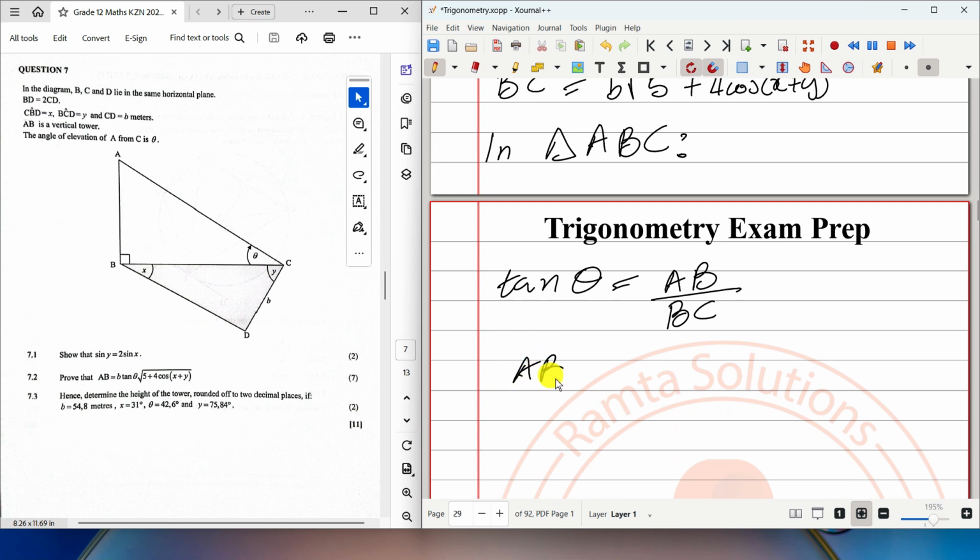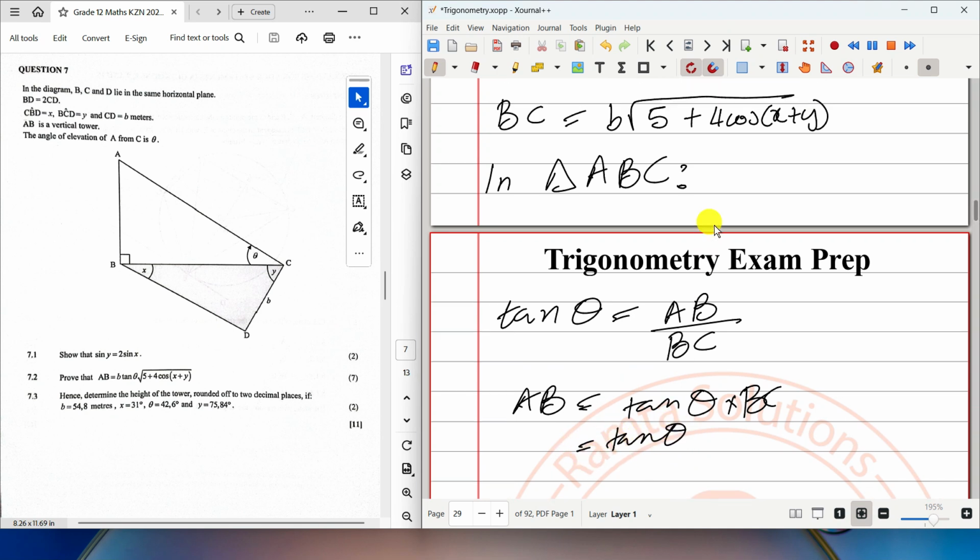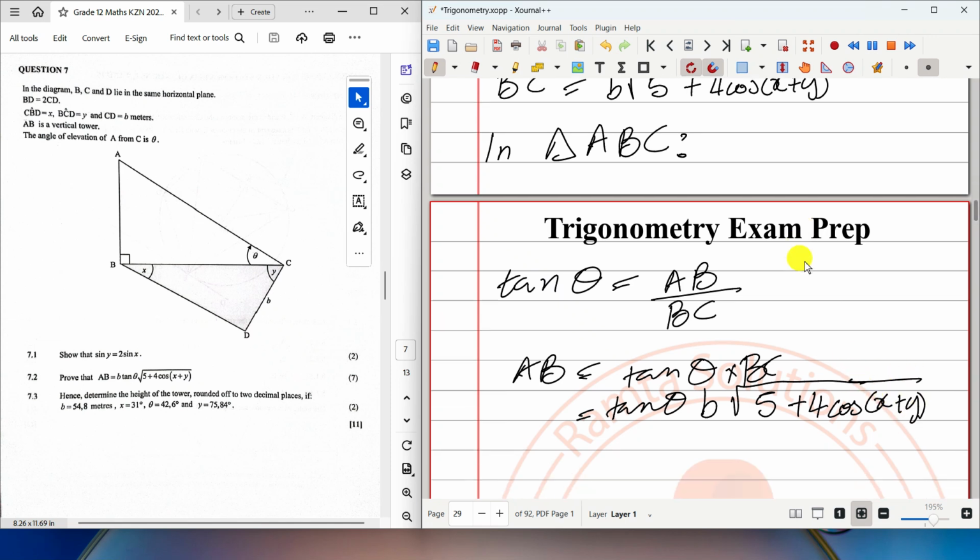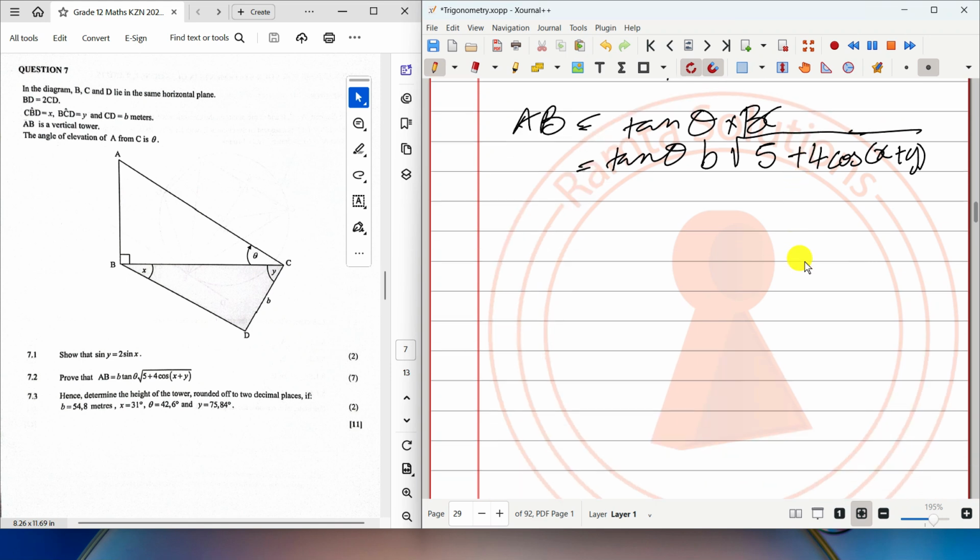Therefore AB is tan theta times BC. BC is B times the square root of 5 plus 4 cos x plus y. So this is it. We're done. 37 marks.